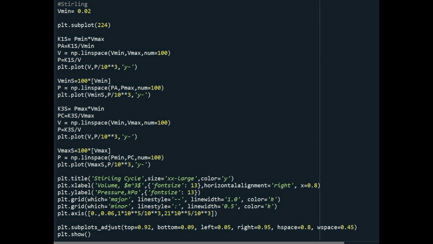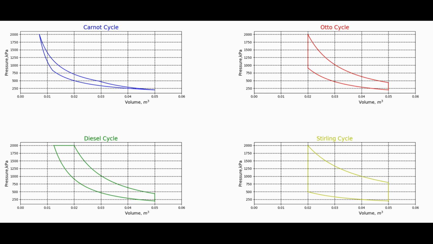I did the same thing for the stirling cycle with a Vmin value of 0.02. Let's get the program to run so you can get the four graphics. Note the V1 is limited to the minimal and maximal pressure and the minimal volume. This makes it easier to compare cycles.